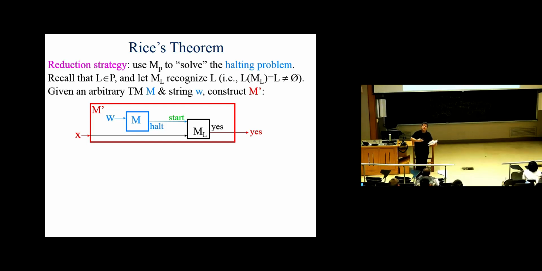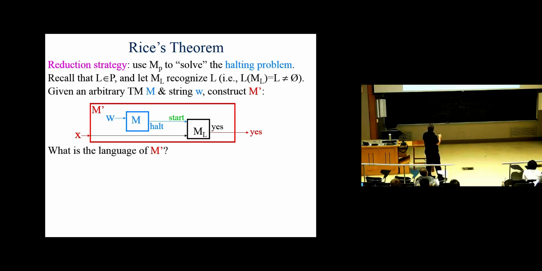When I say we, I mean M prime. So that's how it works. So if M halts on W, it presses the start button of this other machine, M sub L, that accepts the language L, and it fires it up. And if M doesn't accept W, this start button will never be pressed, and M sub L will never be run, and nothing will be accepted out of the red end of this M prime.